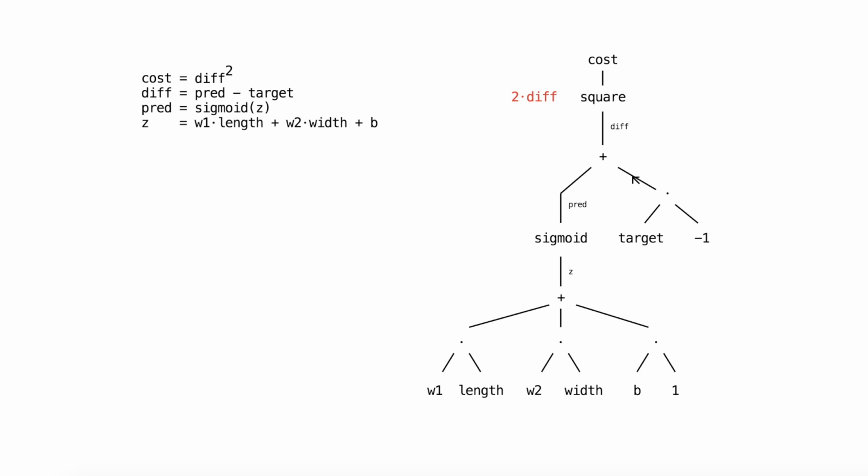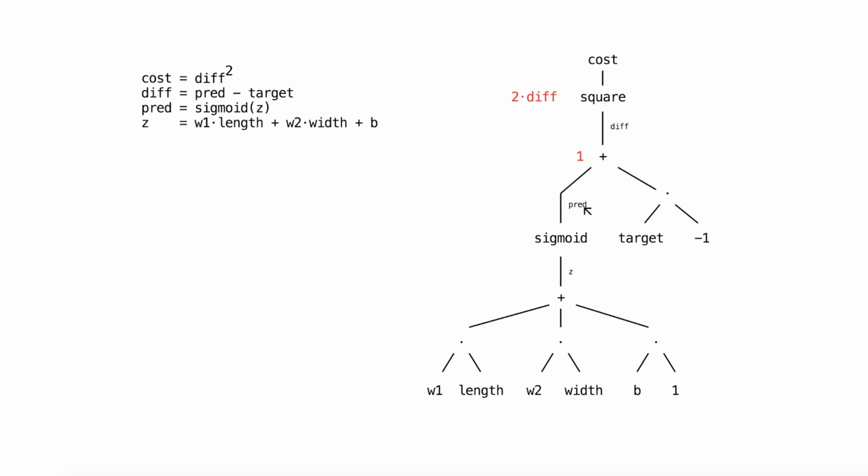Whenever you see a sum or a difference, you remember the derivative of a sum is the sum of derivatives. So what that means is we're going to take the derivative of each side, the derivative of pred with respect to pred, the derivative of this multiplication with respect to pred, and we're going to add them. So the derivative of pred with respect to itself is 1 plus the derivative of this multiplication with respect to pred, which is 0. And so we just get 1 plus 0, or 1.